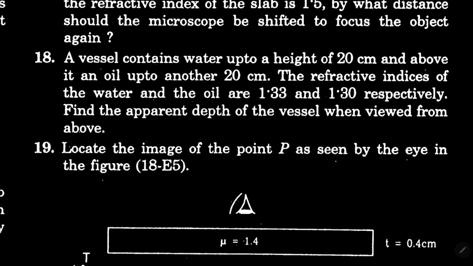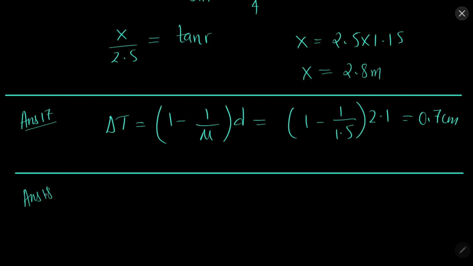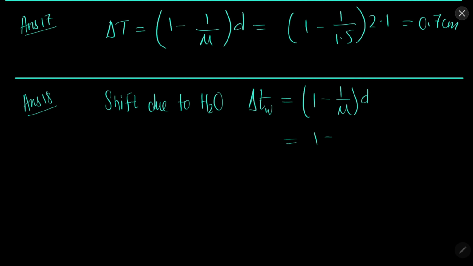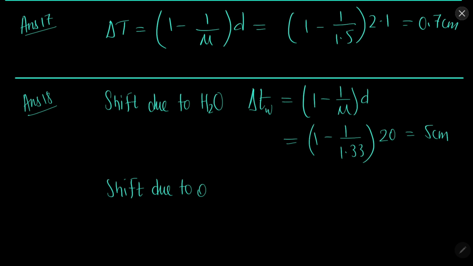In question 18, a vessel is there. Find the apparent depth of the vessel. Solution 18. So shift due to water: del T w equals 1 minus 1 by mu into D, 1 minus 1 by 1.33 into 25 centimeter, and shift due to oil: del T o equals 1 minus 1 by 1.3 into 20 equals 4.6 centimeters.